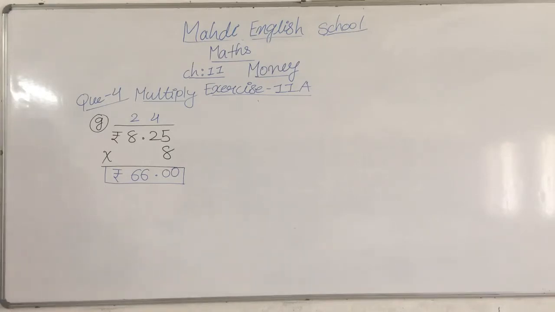Then we will move on to question number H. You have to write in your fair book or rough book. Compulsory, you have to note down all these things in your book.